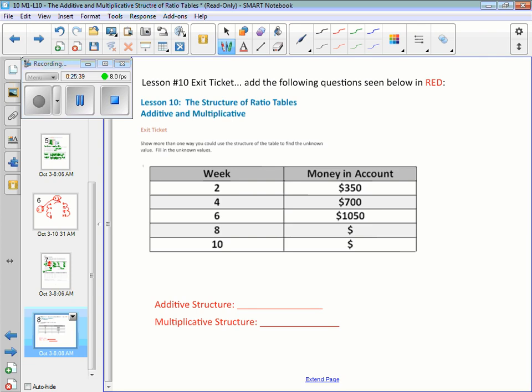And I want you to know it. The question is fine. I still want you to answer the question. I just want you to add additive and multiplicative structure underneath the table. So when you do it, I need you to do that as well. Additive structure, multiplicative structure. All good?